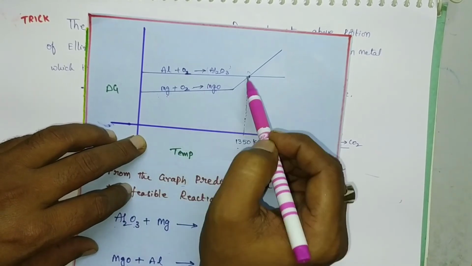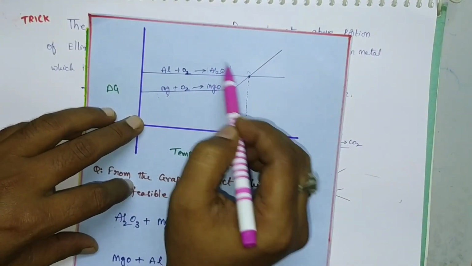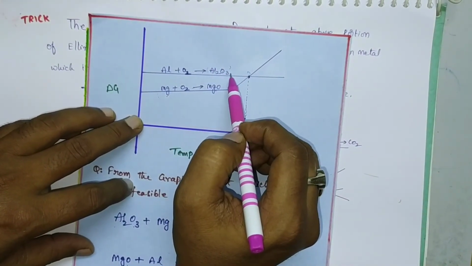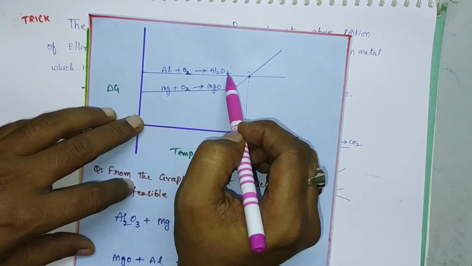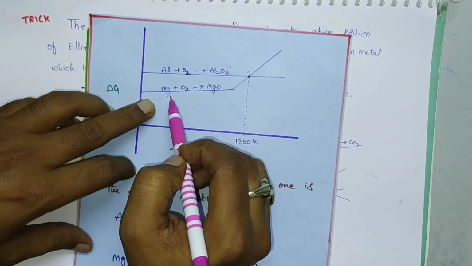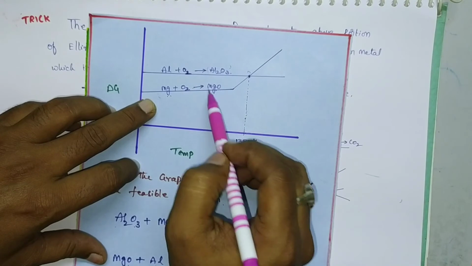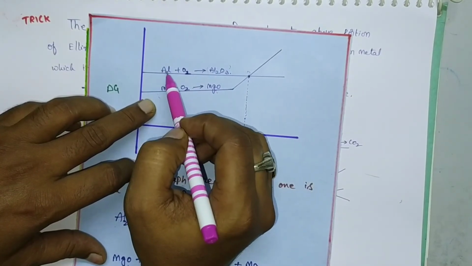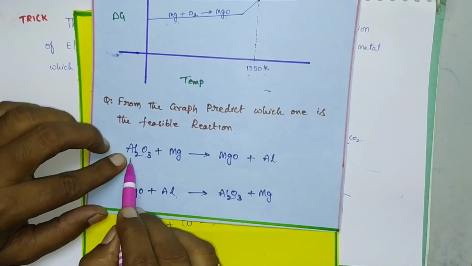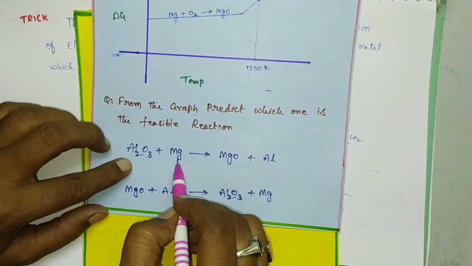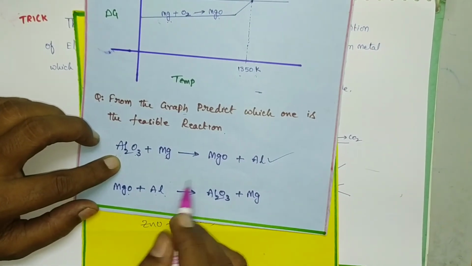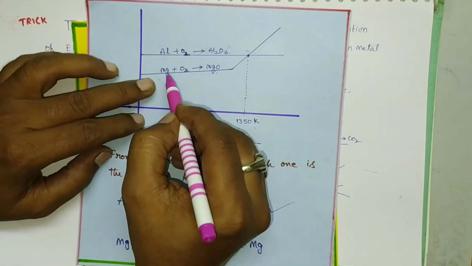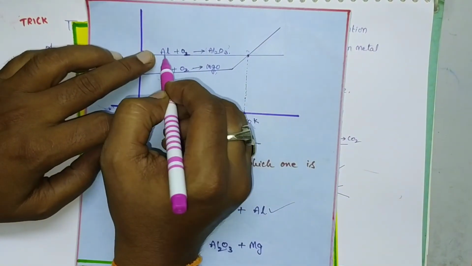So below this temperature aluminum oxide is present above the portion of the curve. So here the aluminum oxide can be reduced by magnesium, but not magnesium oxide reduced by aluminum. So that's why aluminum oxide can be reduced by magnesium. So this will be most feasible reaction. But magnesium oxide cannot be reduced by aluminum.